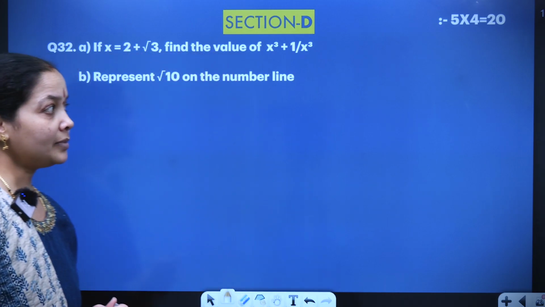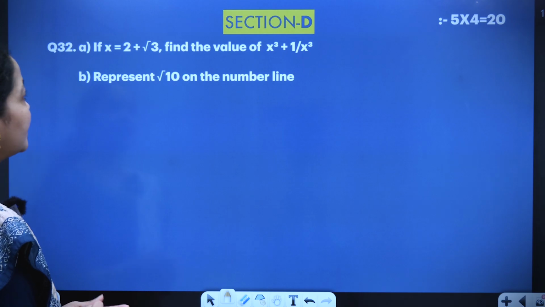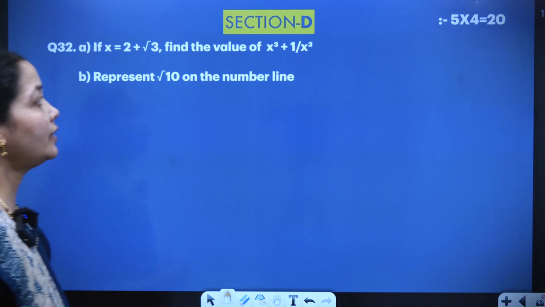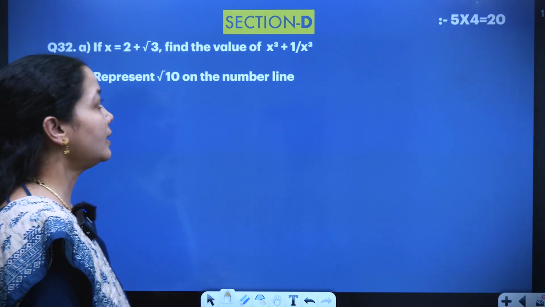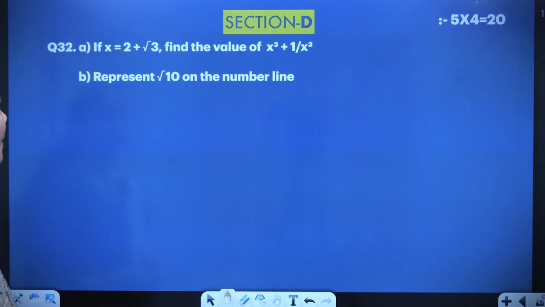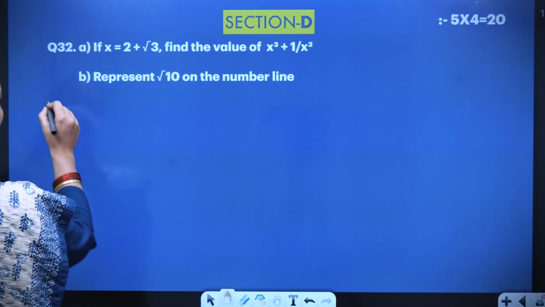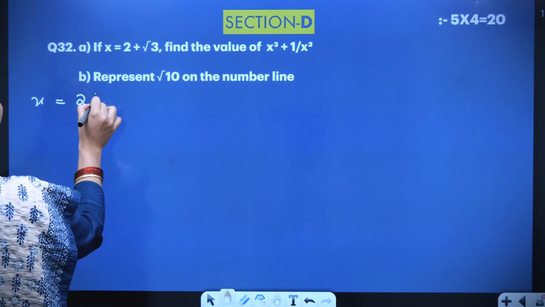I am starting with question number 32 of section D, which states that if x is equal to 2 plus root 3, I have to find the value of x cube plus 1 by x cube. For this, the chapter we are concentrating on is the first chapter. Whenever x is given, I write x equals 2 plus root 3.